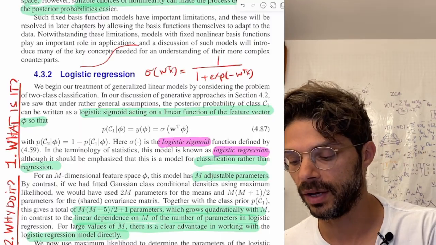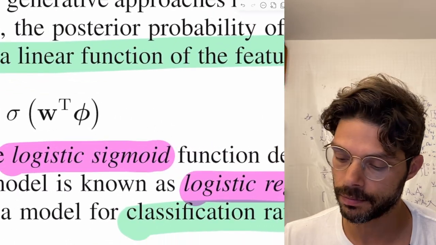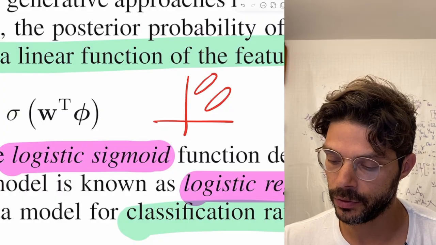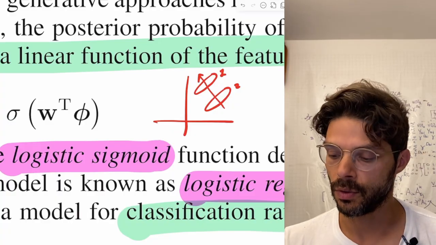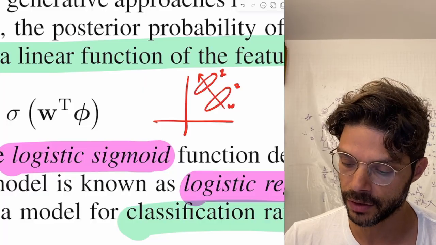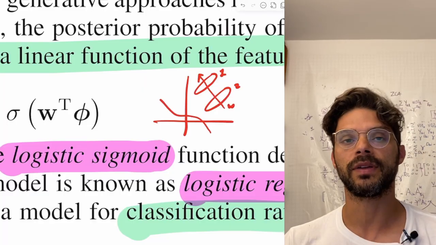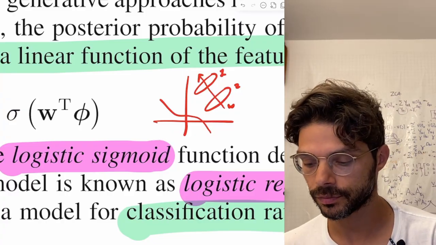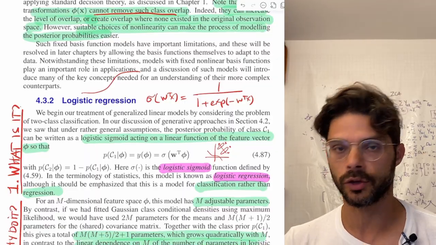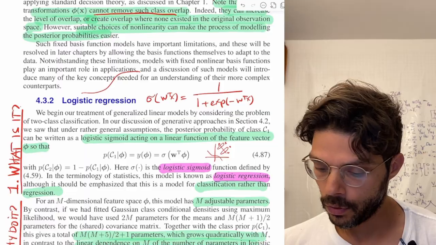So when we look at things in feature space, here is one class, here is the other class, let's say this is class 1, this is class 2. We found that there was a direction in space that discriminated the two. And if you went along this direction with a sigmoid, that would tell you whether you're in one class or the other. So that's the really important logistic function. It's just this sigmoid. Okay?